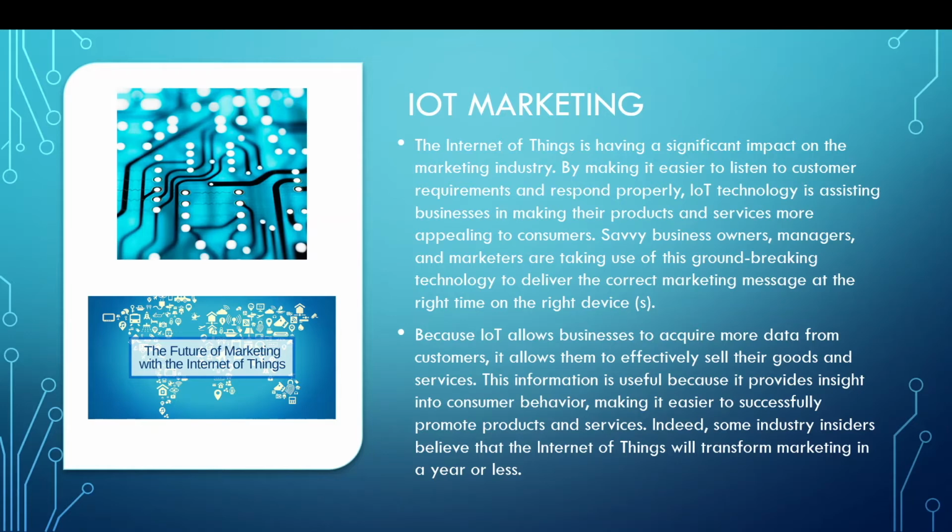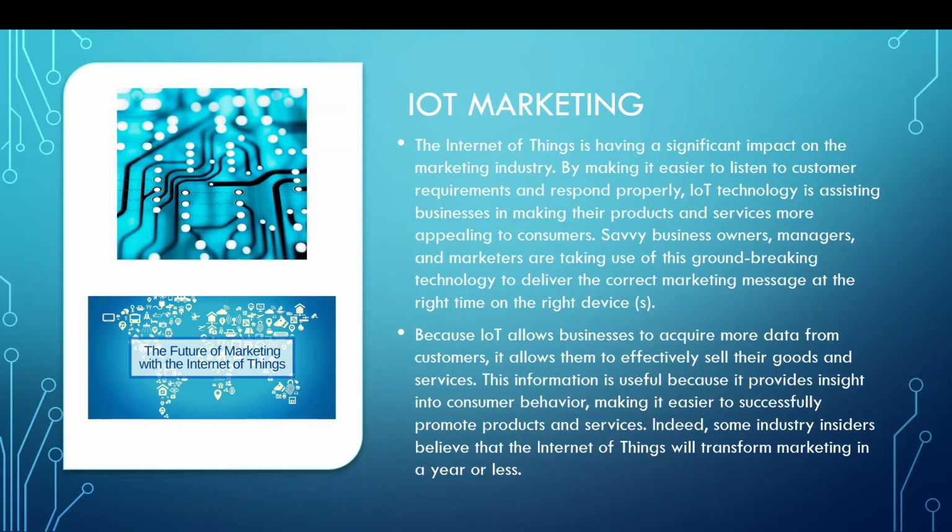By making it easier to listen to customer requirements and respond properly, IoT technology is assisting businesses in making their products and services more appealing to consumers. Savvy business owners, managers, and marketers are making use of this groundbreaking technology to deliver the correct marketing message at the right time on the right device.